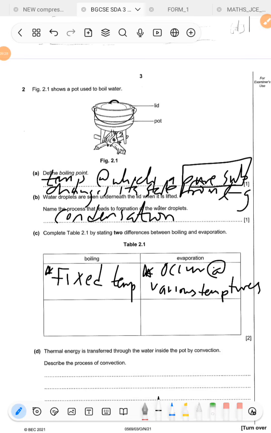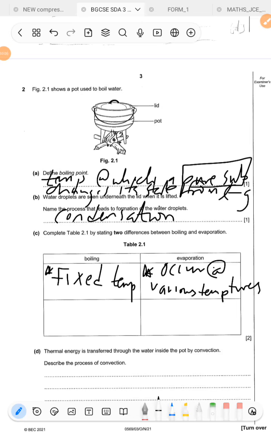This is why you can get water evaporating from a lake during winter, and then you still get the evaporation happening during summer, even in places that are very, very cold, like in the tundra regions. You get water evaporating, but the average temperature in those areas could be below zero, slightly above zero, and then in the savanna or in the tropics, you get the temperatures rising all the way to 35 plus.